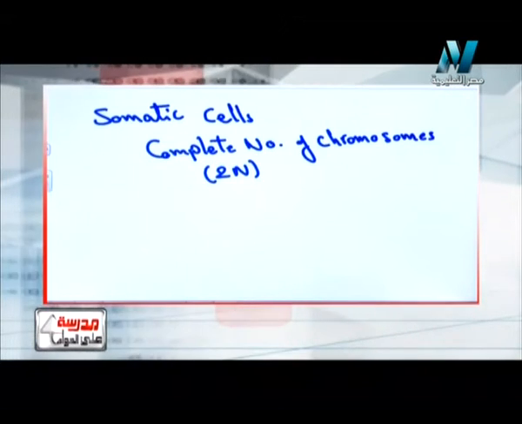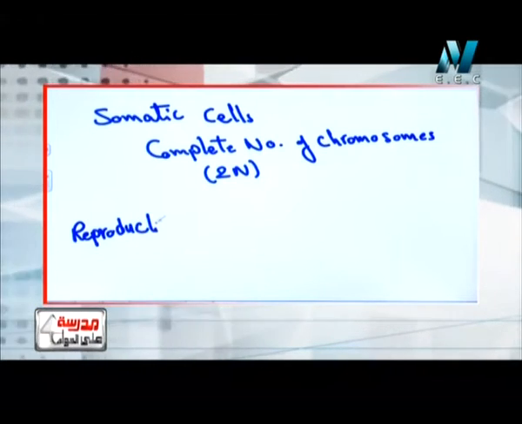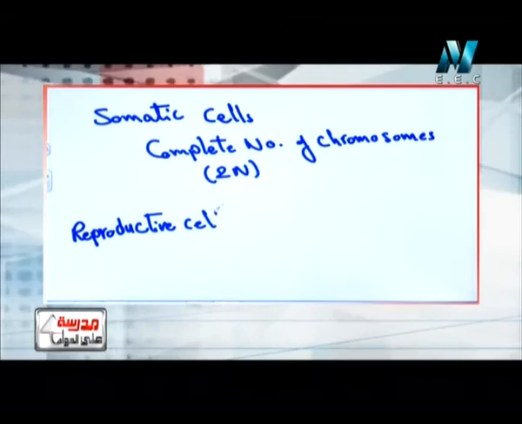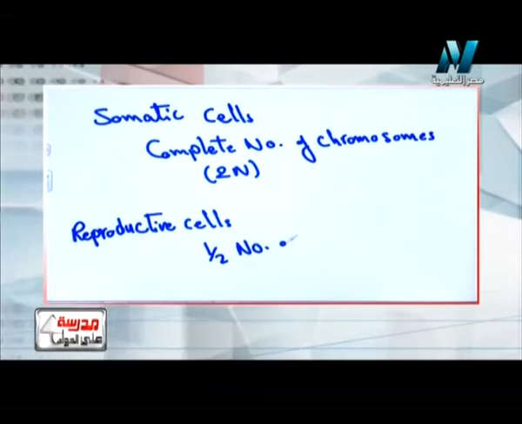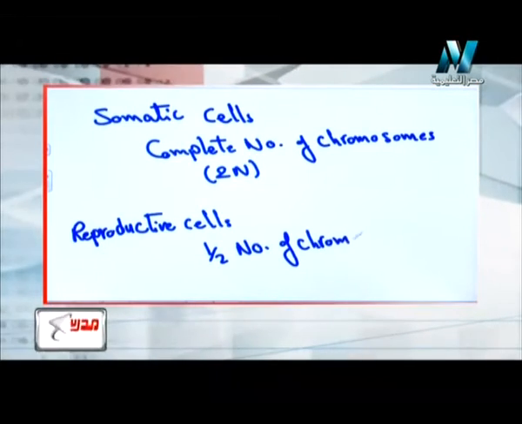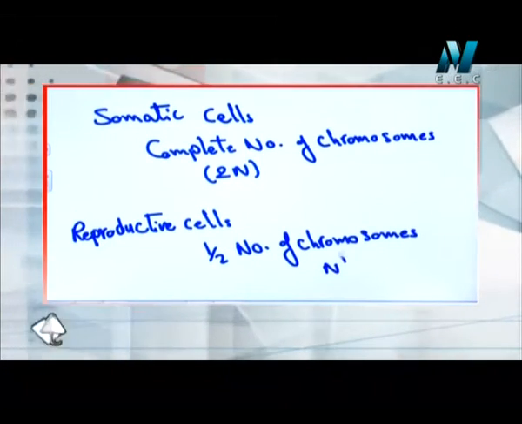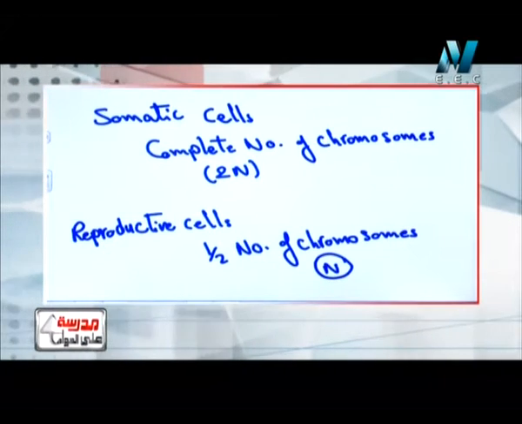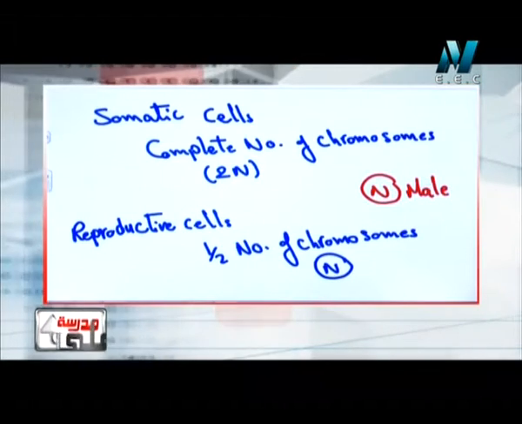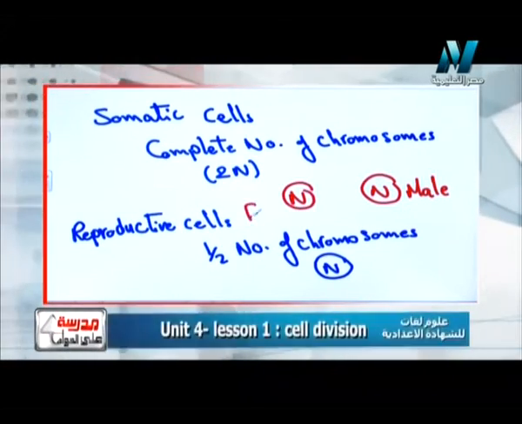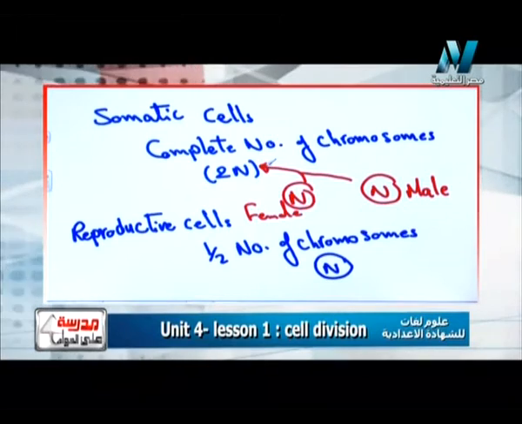Why a complete number? Because the reproductive cells contain half the number of chromosomes, as n. If you have n from male and n from female, together they will form a complete number of chromosomes, 2n.